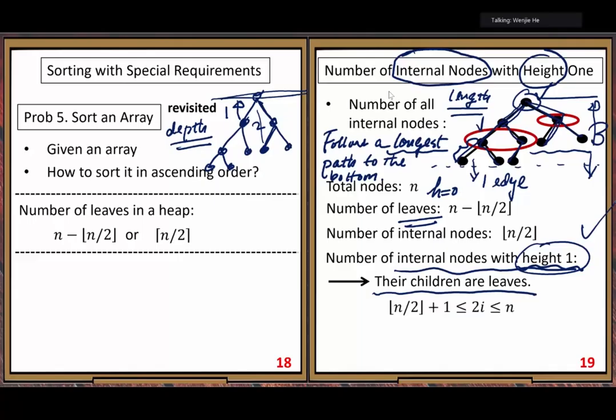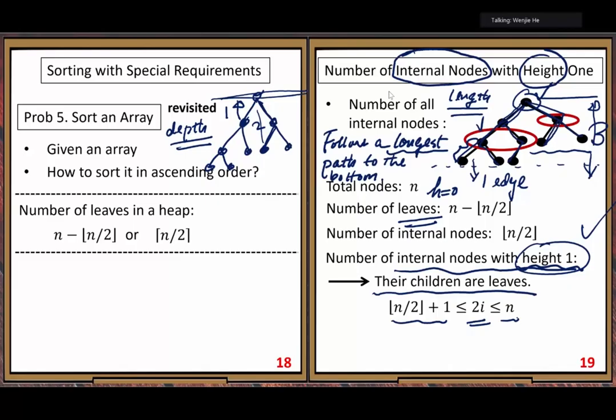Their children, we know the index of the left child. Its left child index 2i must fall into the range for the leaves. So this is the range for the leaves, upper bound and lower bound, but for 2i, not i. Then let's do the simplification.